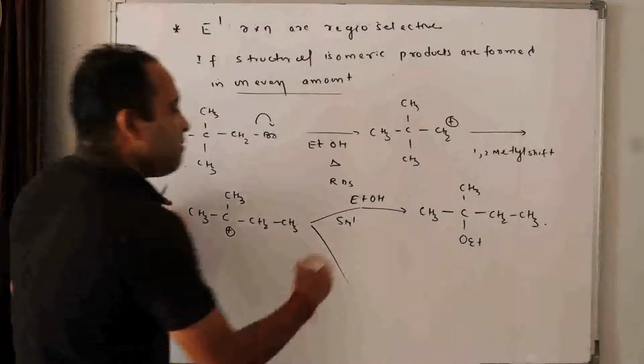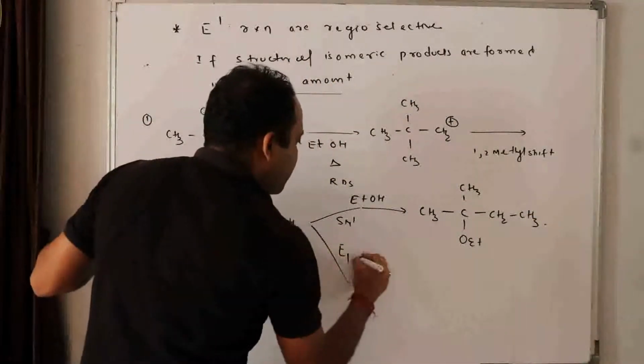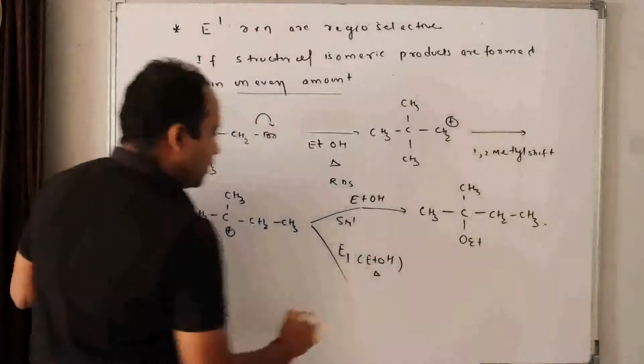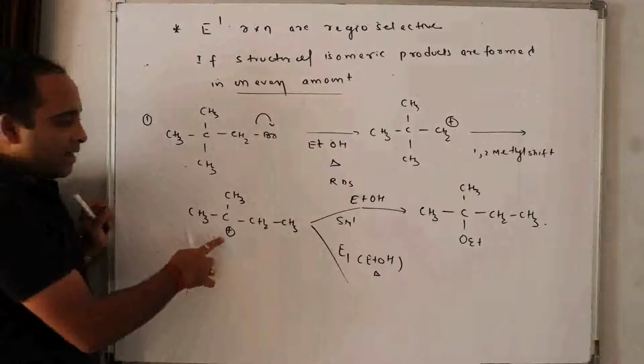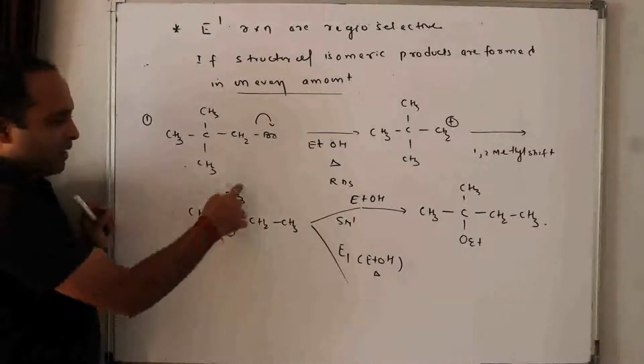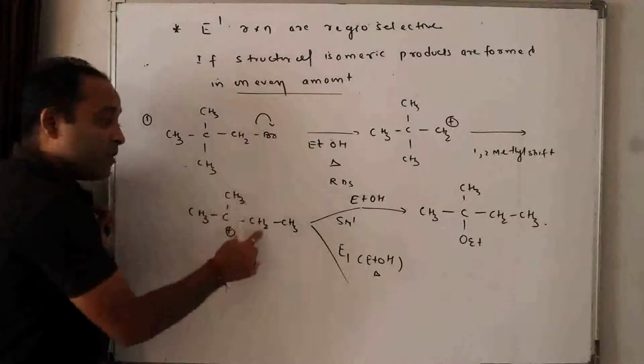And if E1 products are considered with the help of ethanol and heat, then tell me, either it will remove this hydrogen, or this hydrogen, removing this and this is the same, or it will remove this hydrogen.